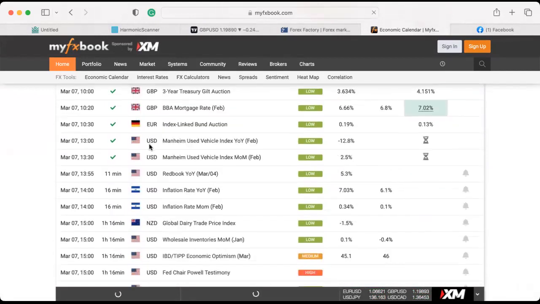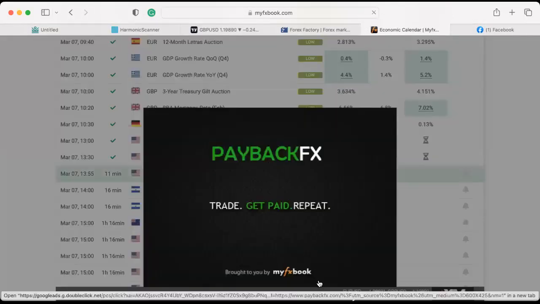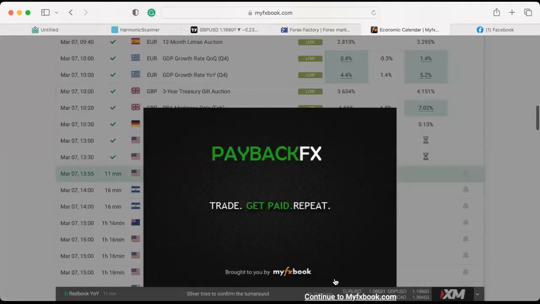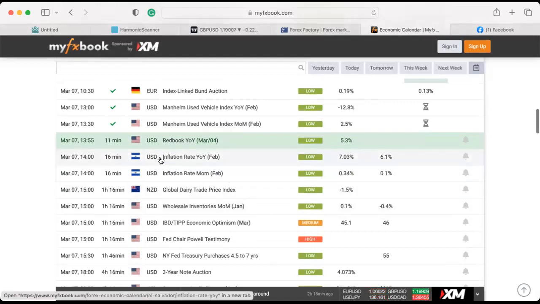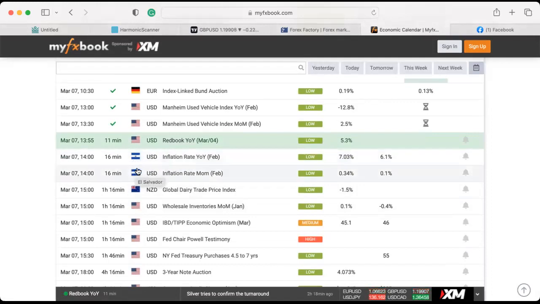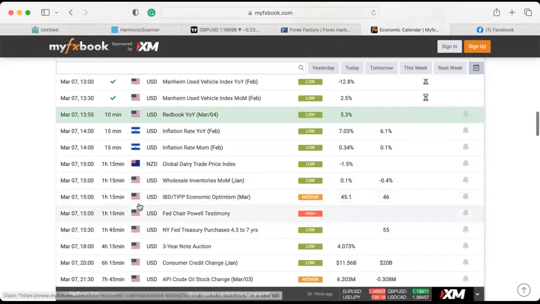There were a couple of low impact items at 1 o'clock, 1:30. I don't know why that's classed as USD, because it's actually El Salvador, and this is low. There's medium impact at 3 o'clock, but that's the one everybody's waiting for.